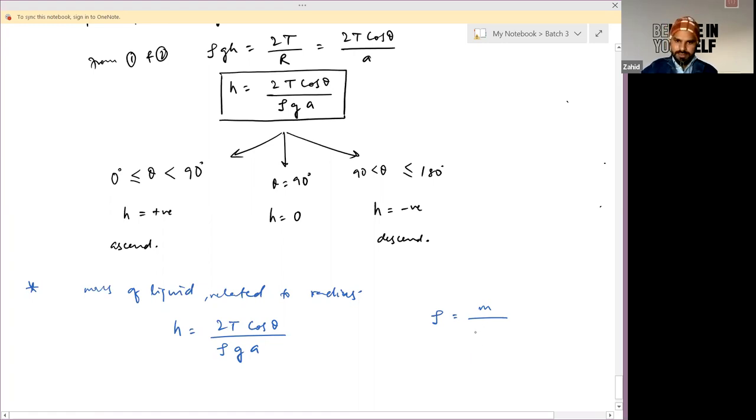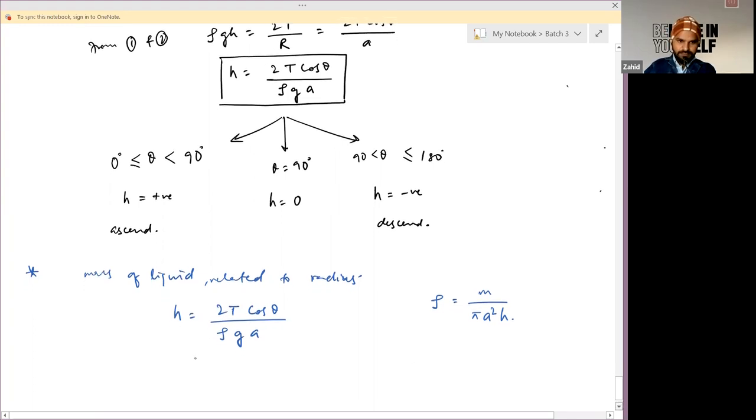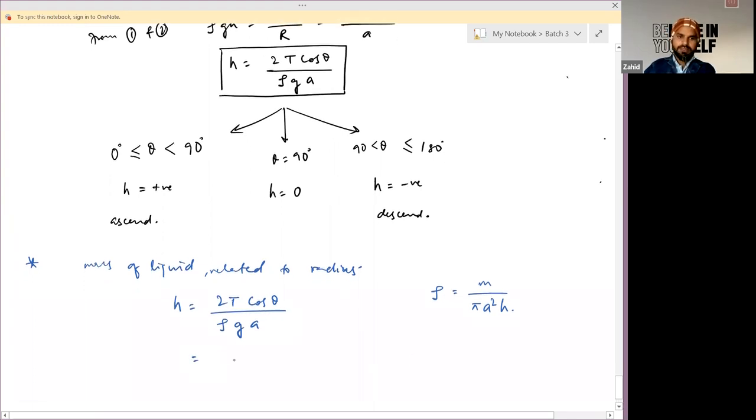Volume of this cylinder is pi r square into h, or the volume of level of liquid that has been raised up. So if you put the value of density in this expression, you'll get 2T cos theta by mass upon pi a square h, g into a is equal to h.